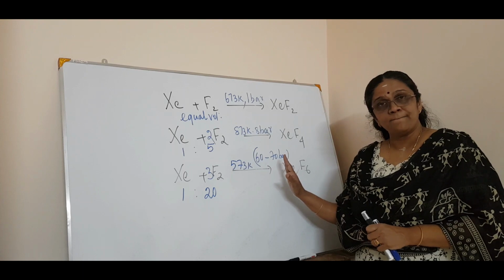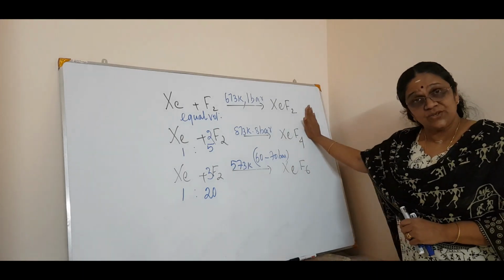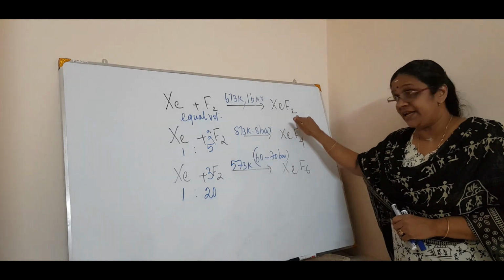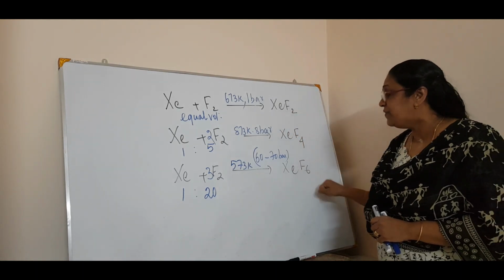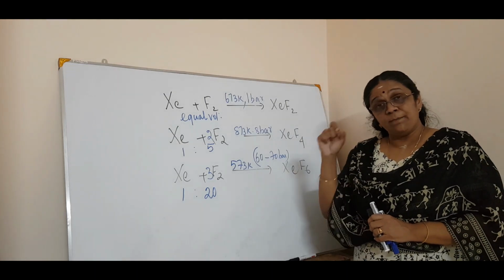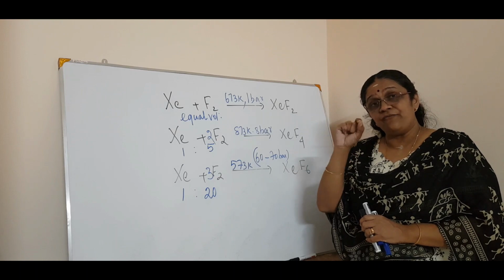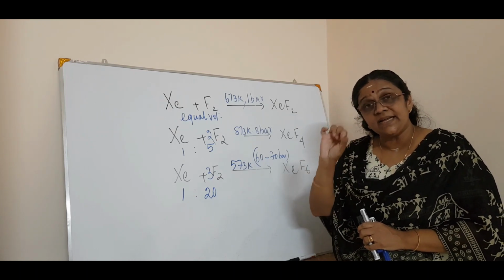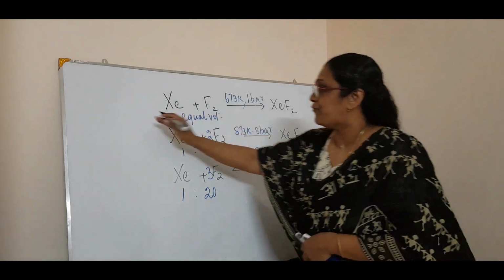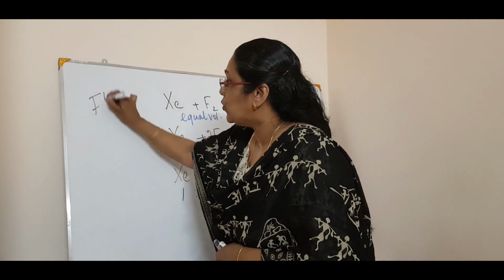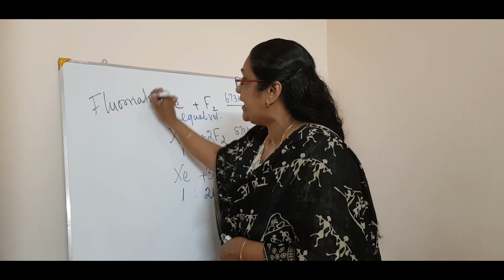Clear? Now, as you know, XeF4, XeF6, XeF2, all these are fluorides. By virtue of being fluorides, they are very good fluorinating agents. Very, very important. What do you mean by fluorinating agents?